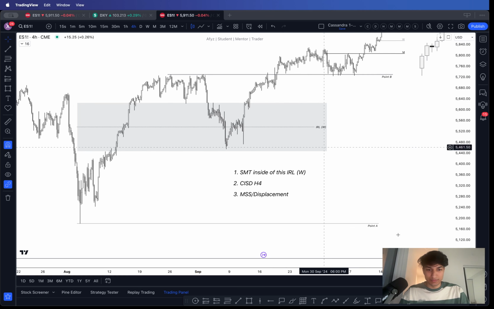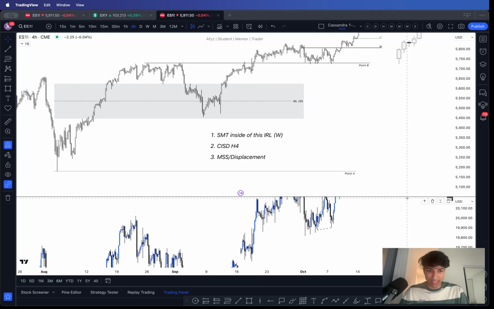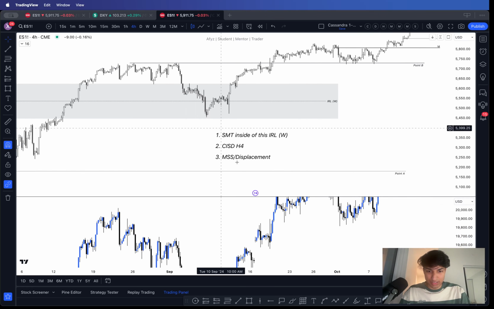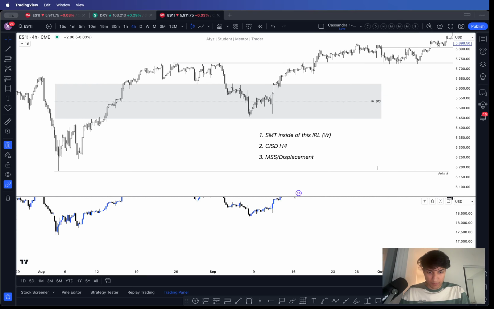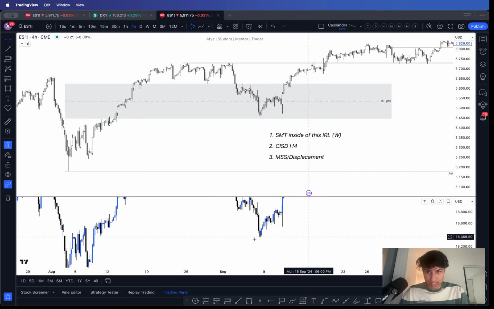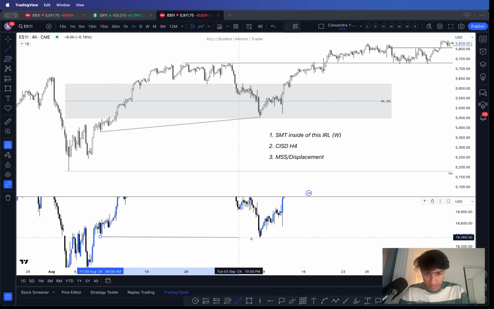So as we can see, if we pull up a NASDAQ chart and we look inside of this internal range of liquidity, the first thing we want to see is if there's any SMT at these lows inside of the gap. So as you can see, price comes in, liquidates this low on the NASDAQ and fails to liquidate this low on the S&P.